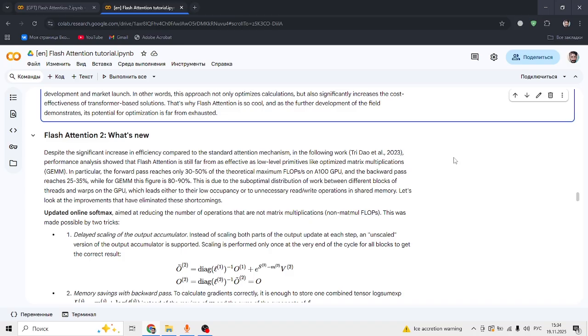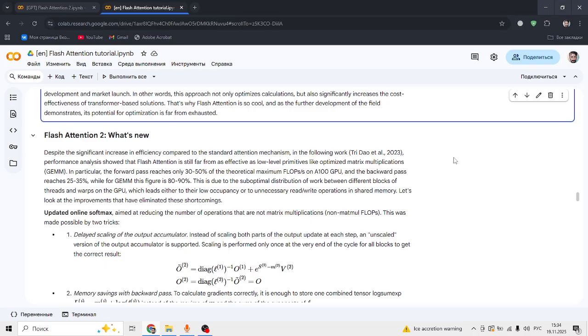Performance analysis shows that FlashAttention is still far from as effective as low-level primitives like optimized matrix multiplications, GEMM. So it reaches in forward pass only 30% of theoretical maximum FLOPs.